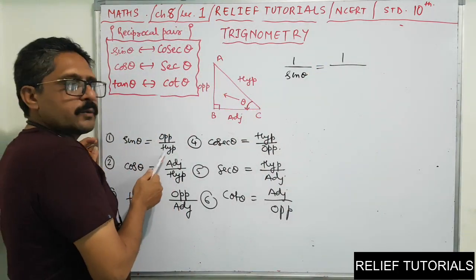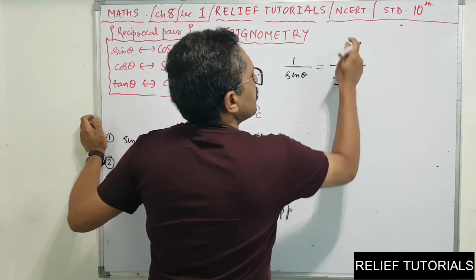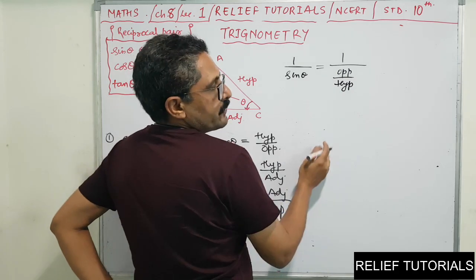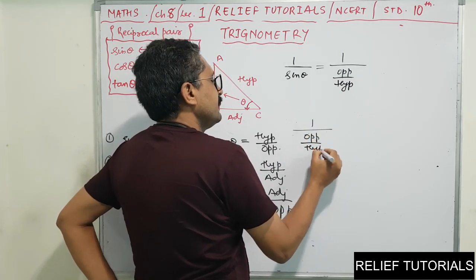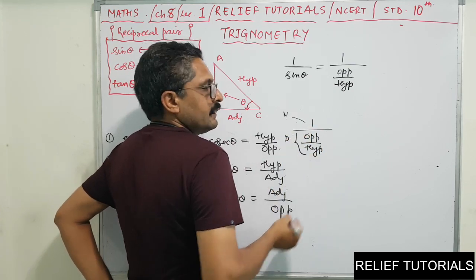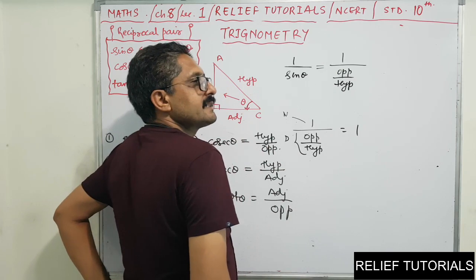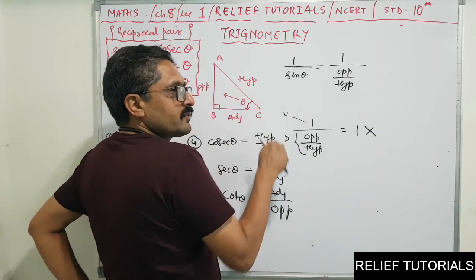Sine is opposite upon hypotenuse. So 1 upon opposite upon hypotenuse. Many students have a problem here. This is the numerator and this is the denominator. So the numerator will be as it is and you multiply by the reciprocal of the denominator.